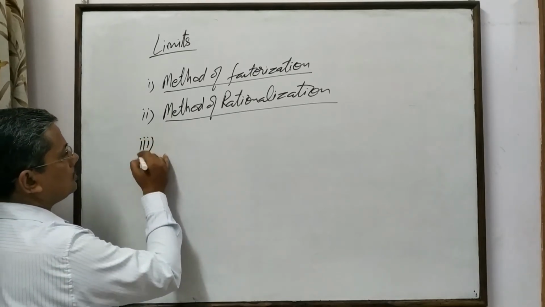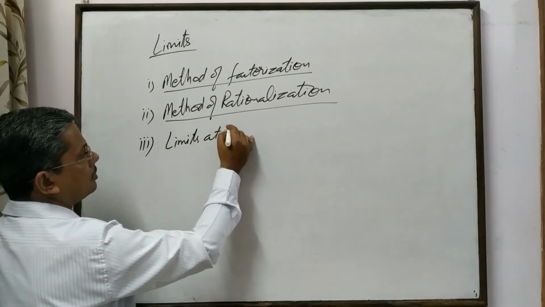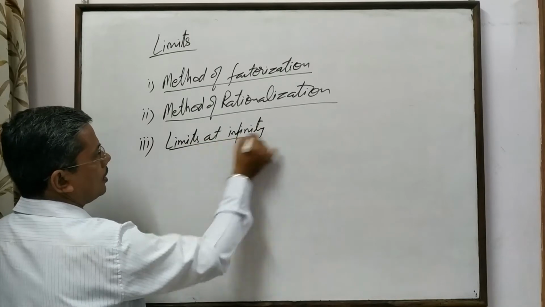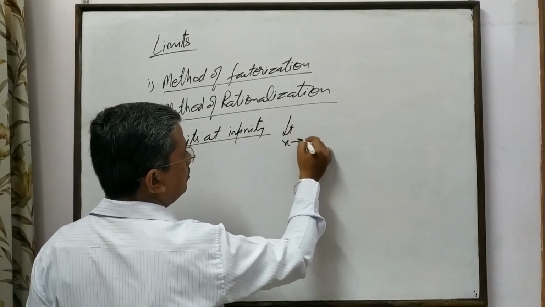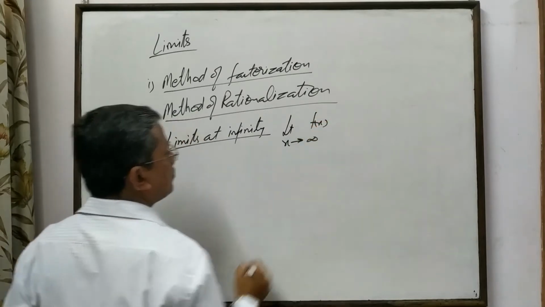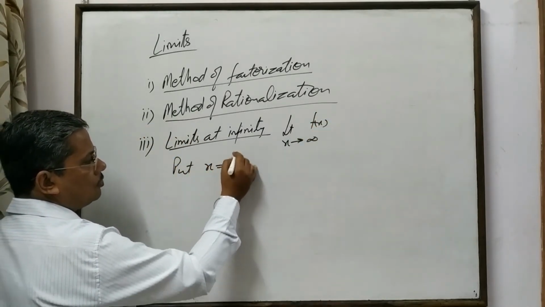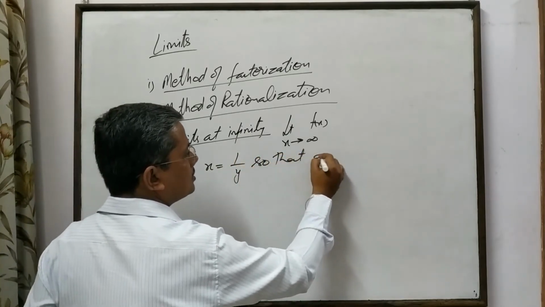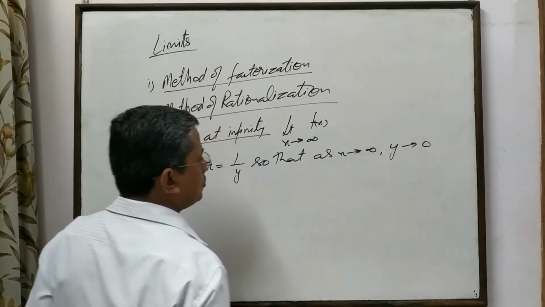Third is limits at infinity. For limit x tend to infinity f of x, put x is equal to 1 upon y, so that as x tend to infinity, y tend to 0.